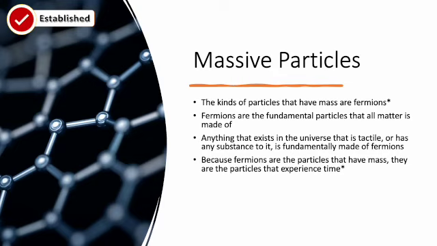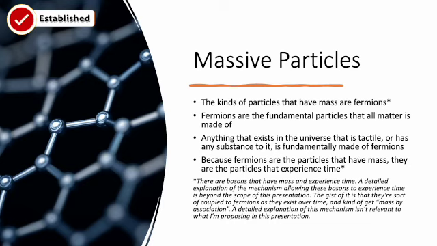Because fermions are the particles that have mass, they are the particles that experience time. And it's worth noting that there are some bosons that have mass and therefore experience time. But they basically pick up their mass through their association with fermions. A detailed explanation of this mechanism isn't really relevant to this presentation, so I'm not going to spend much time talking about it.